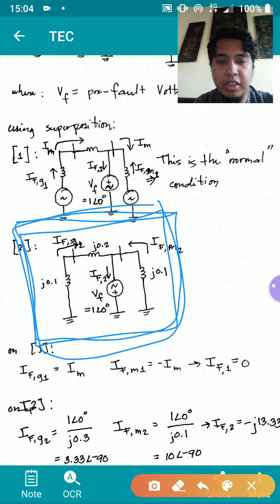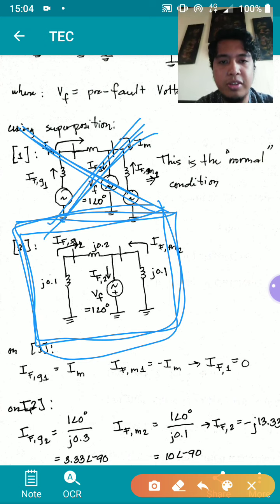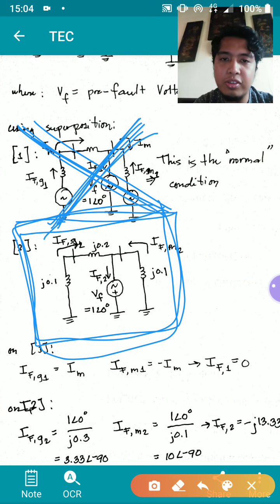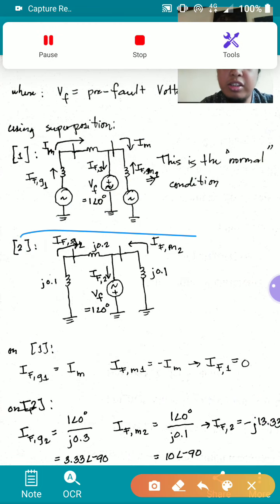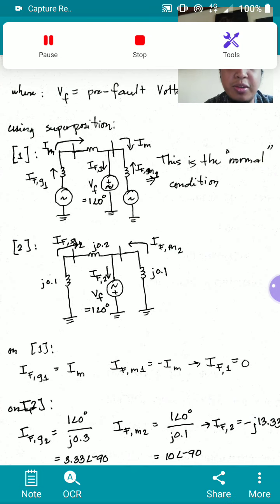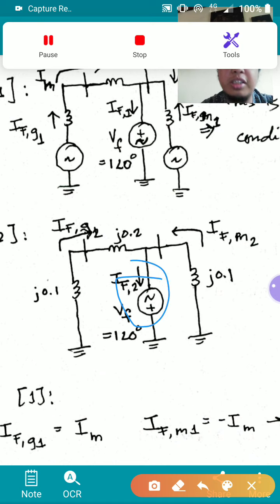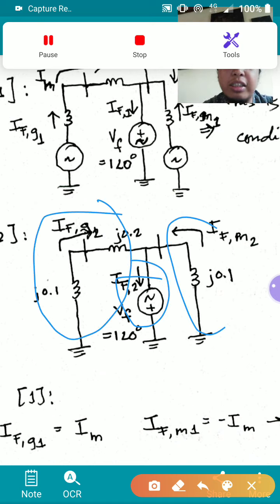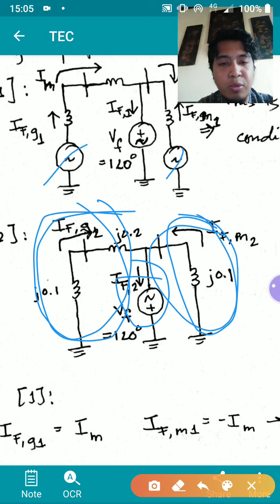It's actually this circuit. In some cases, we drop off this first circuit because the pre-fault currents are negligible. So if we consider just this circuit, as you can see, you just have 1 voltage here and all of the currents and all of the impedances here, shorting all of these sources. And what you're actually getting is a Thevenin equivalent circuit.